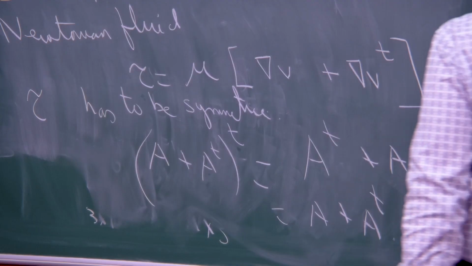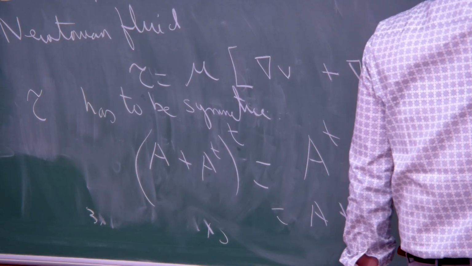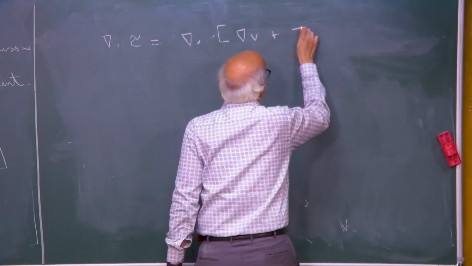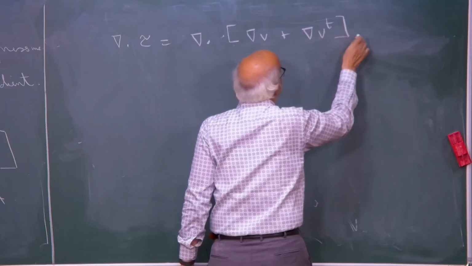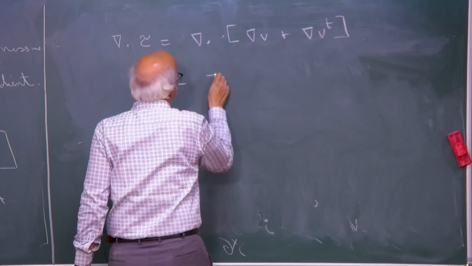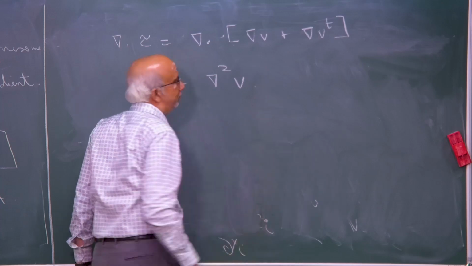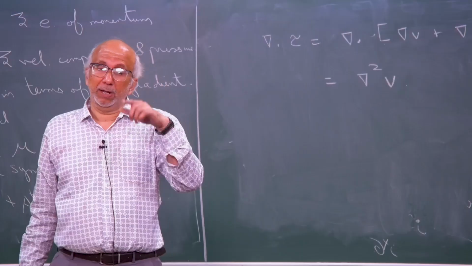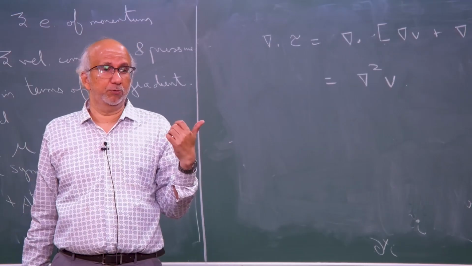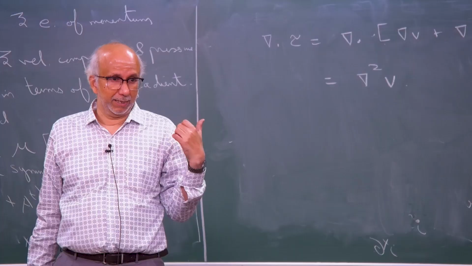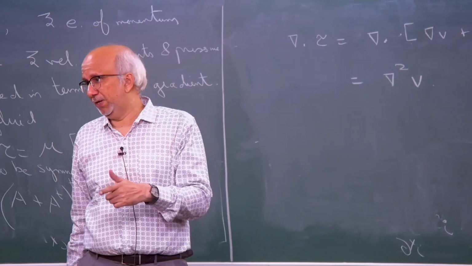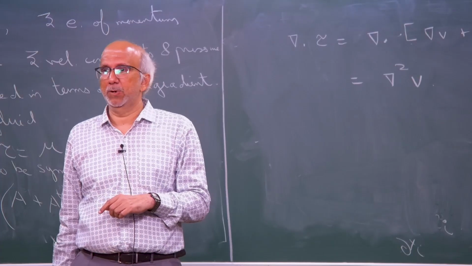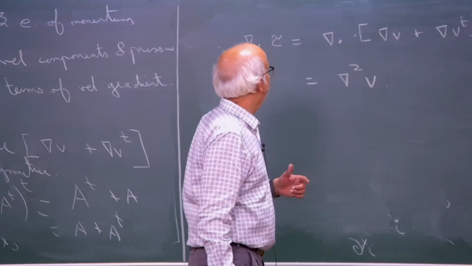So, divergence of tau is nothing but divergence of gradient of V plus gradient of V transpose, and I am just going to tell you that this is equal to del square V. But I want you to prove that divergence of del V plus del V transpose is equal to del square V. And how can you go about proving it?